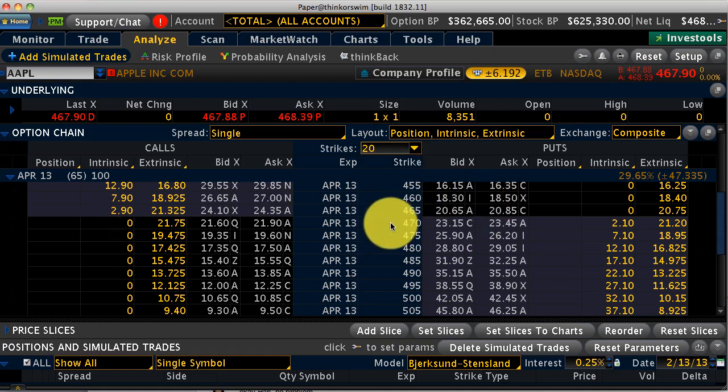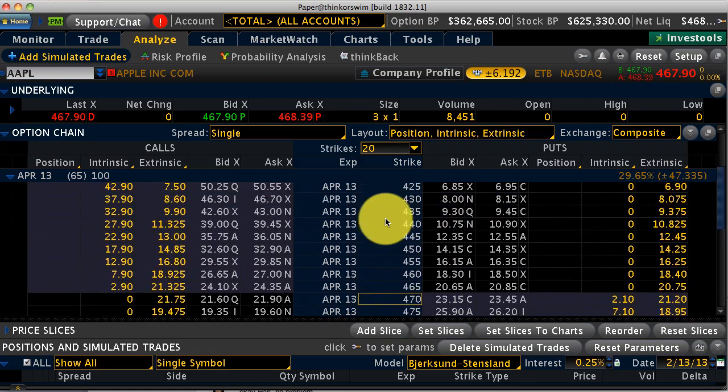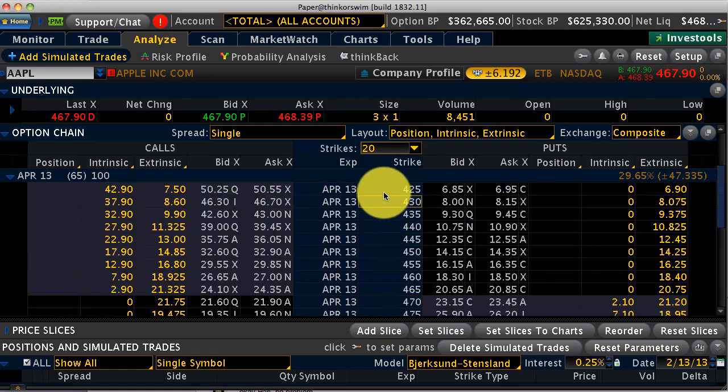So if you look at the 470 call, it has an intrinsic value of 0 because it's just out of the money, and it has an extrinsic value of $21.75. Let's go now and look at the 425 call. This 425 call has an intrinsic value of $43 almost, and it has an extrinsic value of only $7.50.